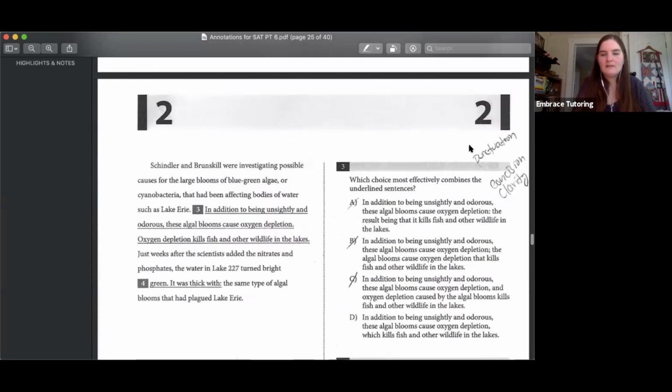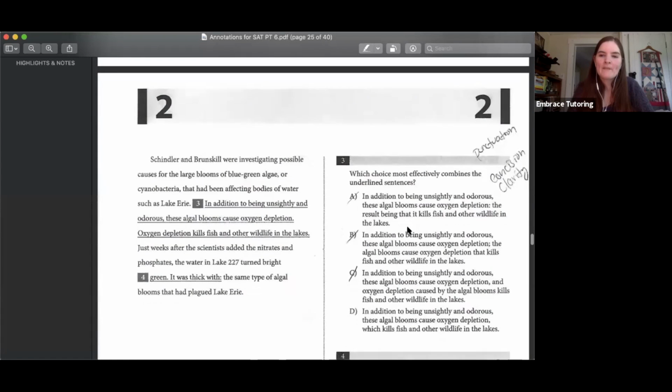Question 3 is a punctuation question. So you're dealing with concision as well as clarity in addition to the punctuation, the actual grammatical requirement. So it's asking you to really look at which choice effectively combines the underlined sentences.